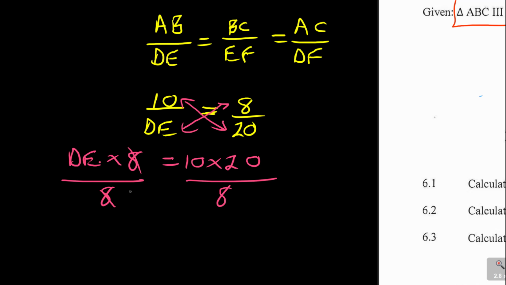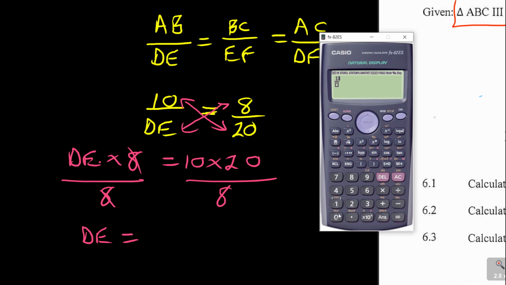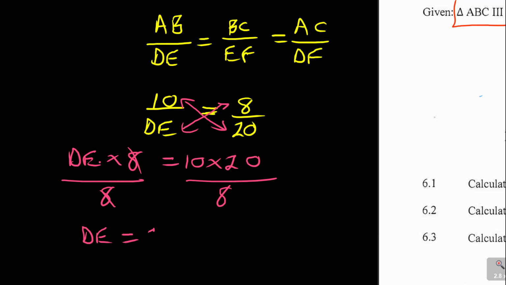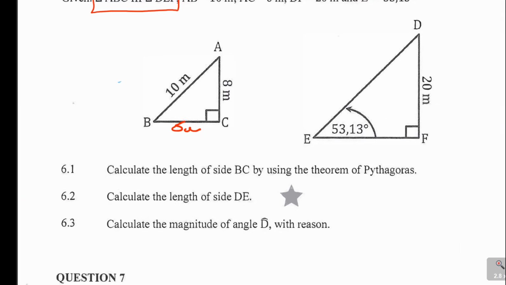So we are left with DE equal to 10 times 20 over 8, which your calculator will give as 25 meters. So you come here and say DE is equal to 25 meters.